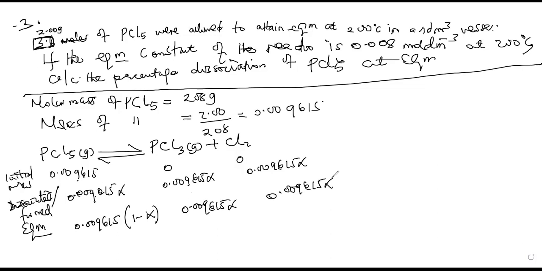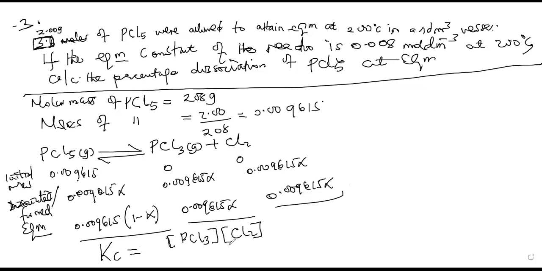And after getting this, since it was in 1 liter and these are equilibrium moles, it means that these are the same as the concentrations. So Kc was given, but it is always equal to concentration of PCl3 times concentration of Cl2 out of concentration of PCl5. So you can substitute everything.